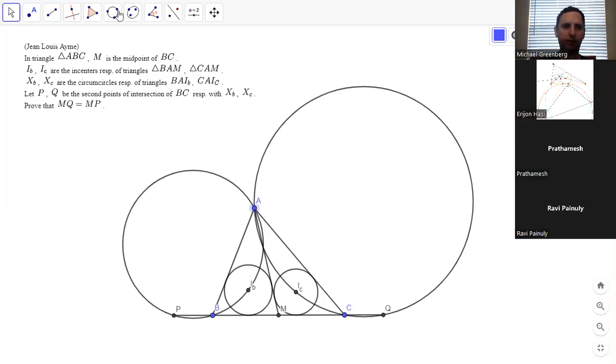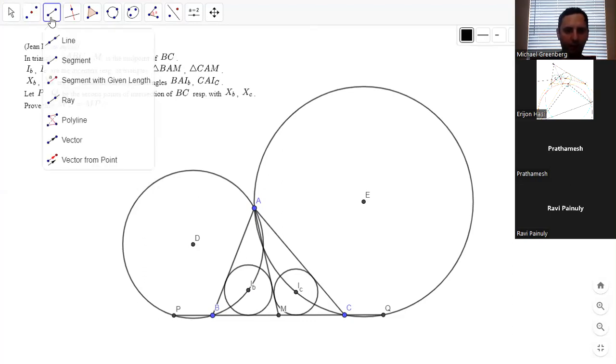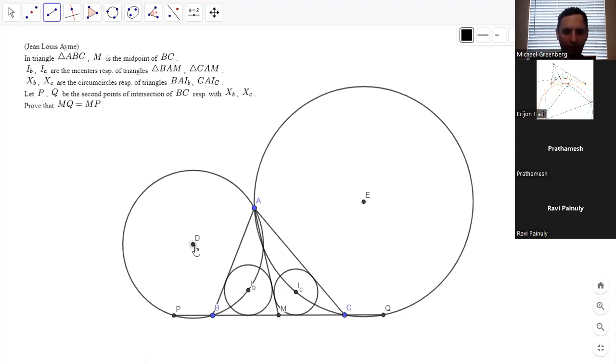It's worth drawing the centers of these. So we want to show M has the same power with respect to A, B, IB, and A, C, IC. But we know these are, oh no, these are not collinear, are they?